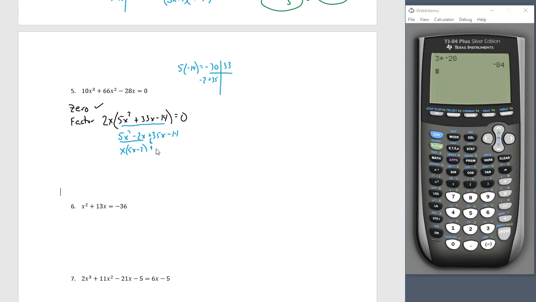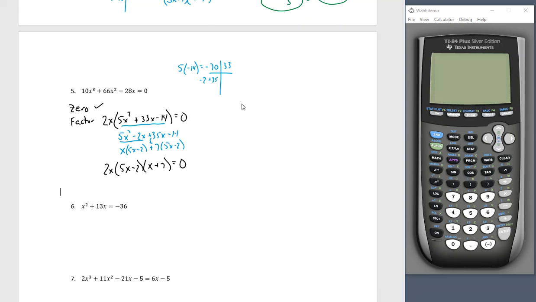Use the sign in the middle. 35 and 14 have a 7 in common, and I'm left with a 5x minus 2. And now the entire thing factors as 2x times that 5x minus 2 and the x plus 7. And that all is equal to 0.